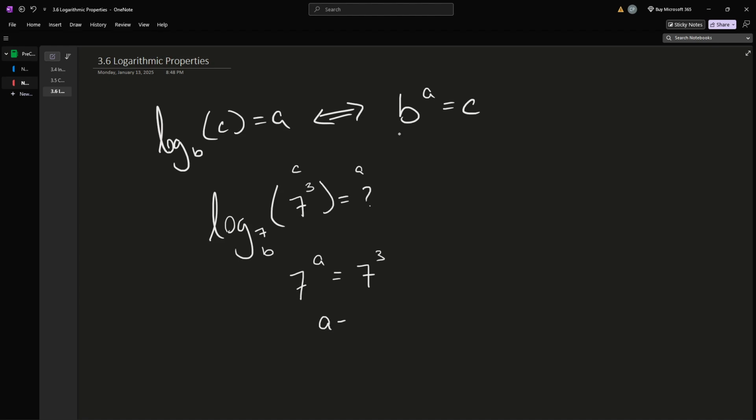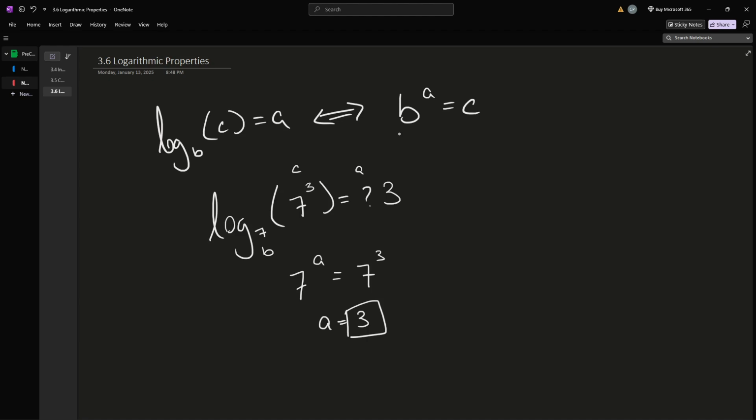And you see A equals 3. My result is 3. What does this mean? How many 7s do you need to get 7 cubed? I need 3 7s. So this equals 3.